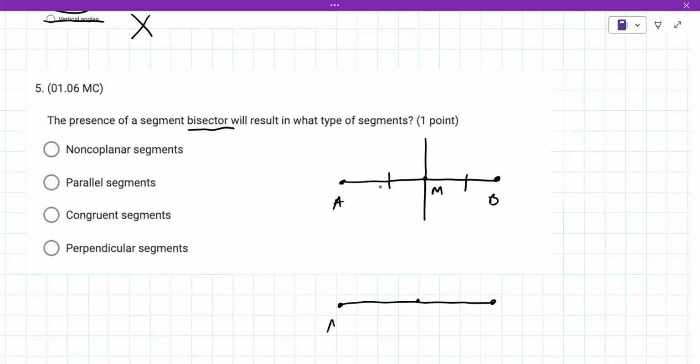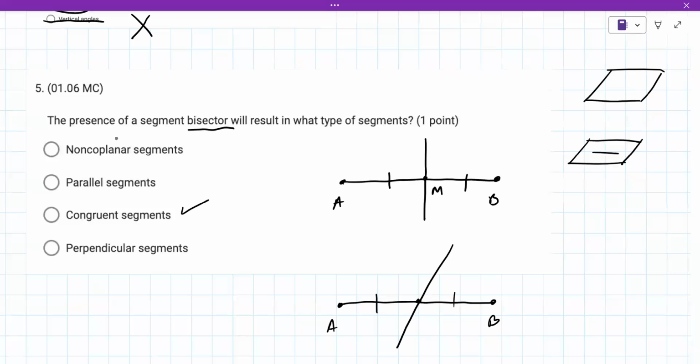What matters is there's a place where you cut it, and these are congruent. Non-coplanar means they're not on the same plane. So there's a line there, a line there, they're not on the same plane. Parallel segments are parallel. Perpendicular segments meet at 90. Got it.